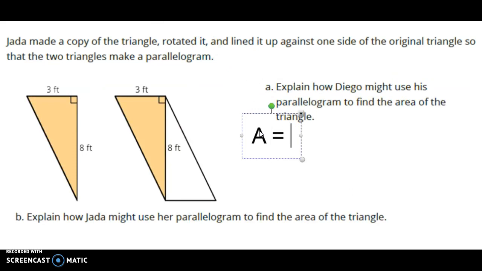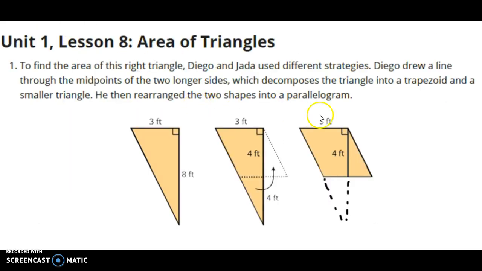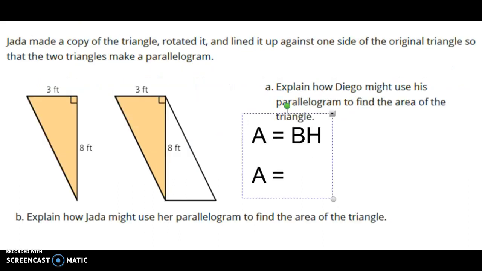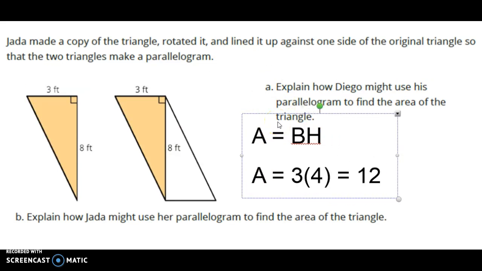Area of a parallelogram equals base times height. So in Diego's instance, let me just look back over and remind myself, area is going to be base, which is 3, times height, which is 4. So area is going to be 3 times 4, which equals 12.